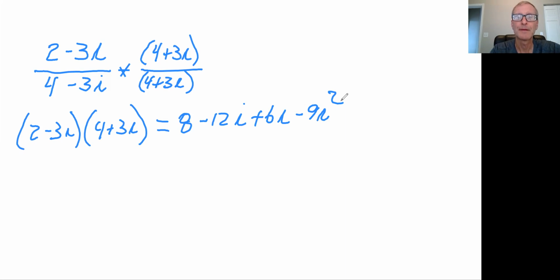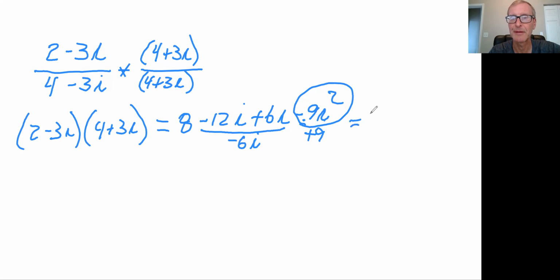So this is minus 9 times minus 1, so that's plus 9, right? And so when we combine these, we get minus 6i. So 9 and 8 is 17. So this should be 17 minus 6i.